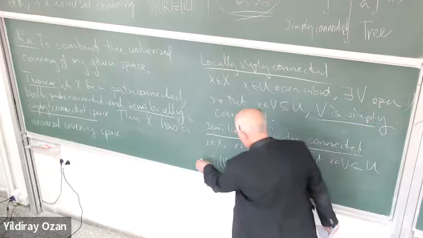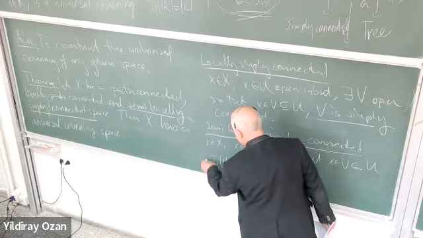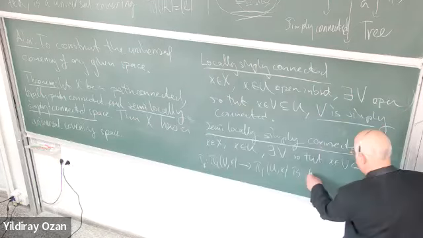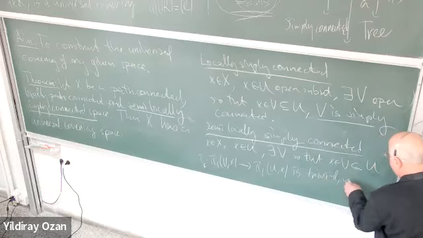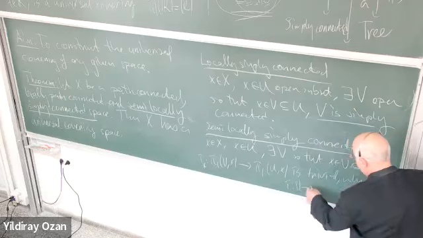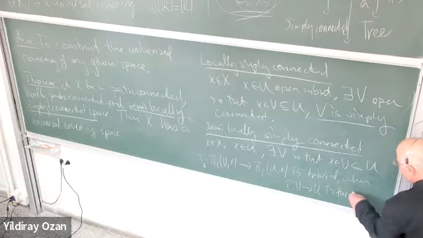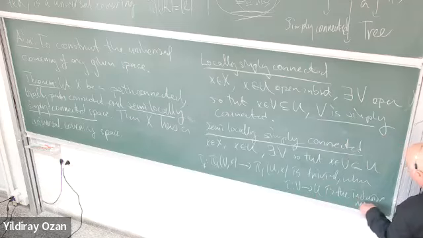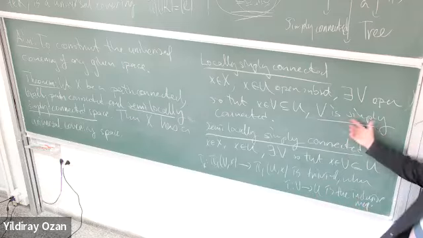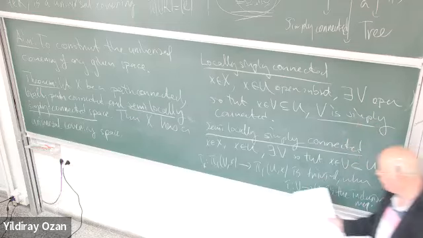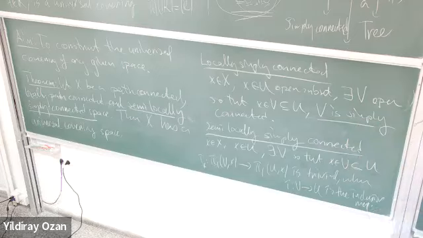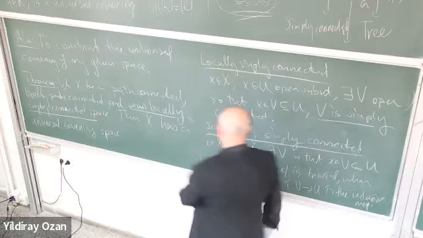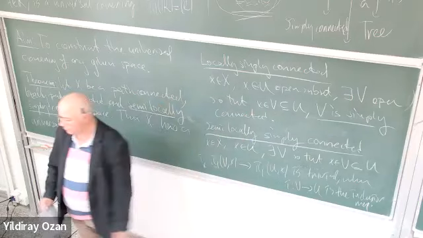This is the map induced by the inclusion map i, so i star is trivial. This homomorphism is trivial. Of course, if V is simply connected, then this fundamental group is trivial. Therefore, the homomorphism will be trivial. So this is something simpler than being locally simply connected. You just require that this homomorphism is trivial.